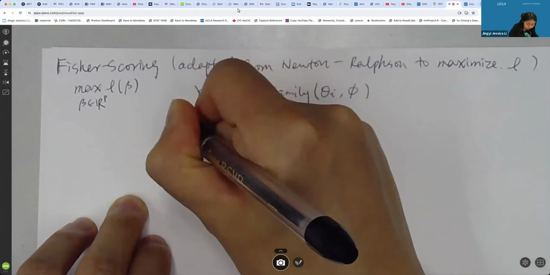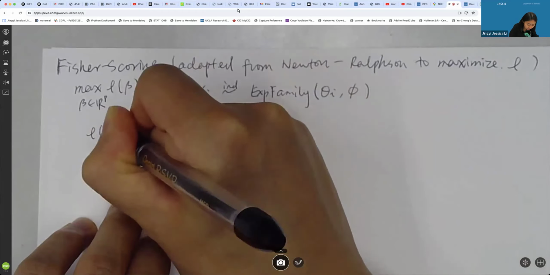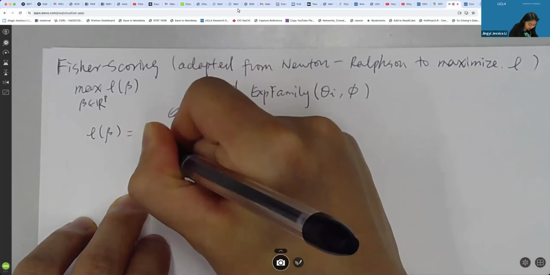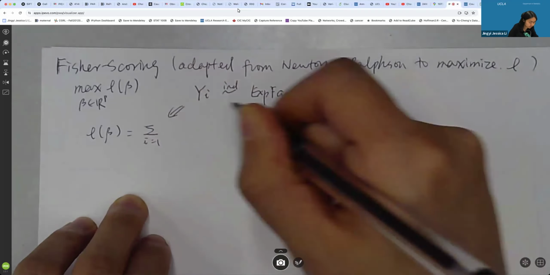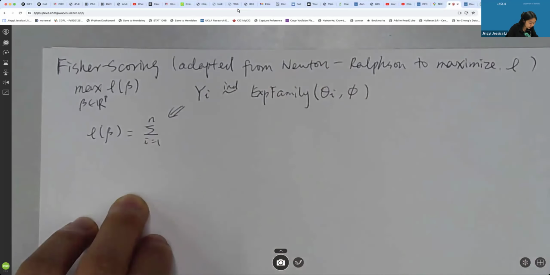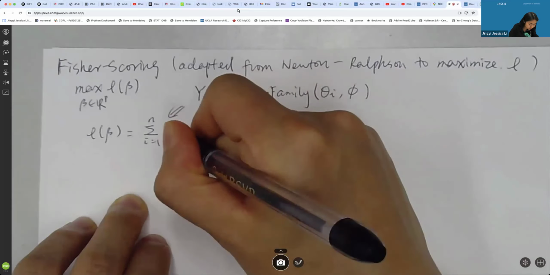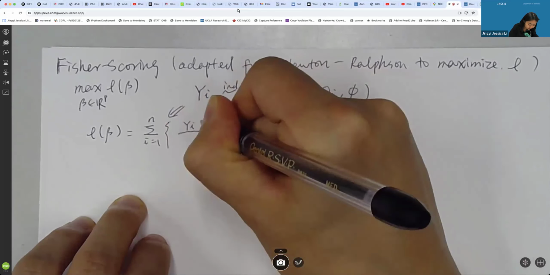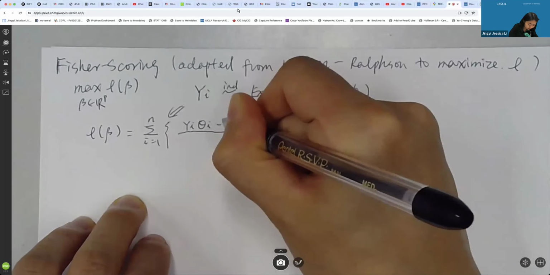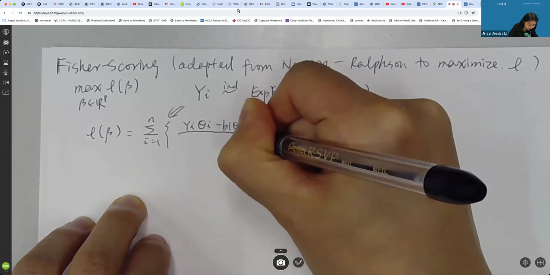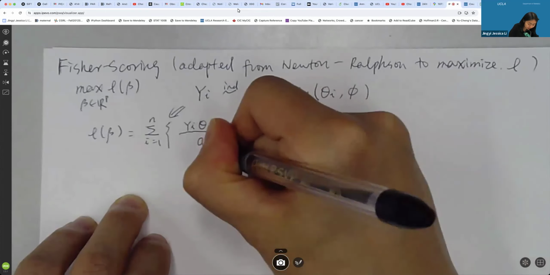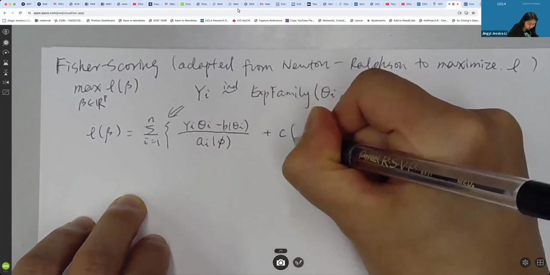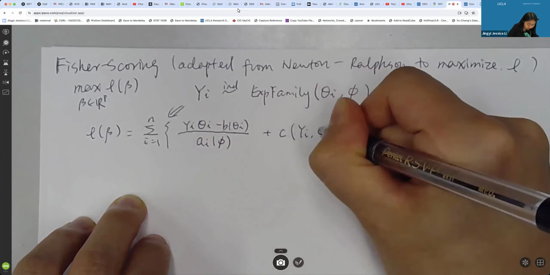So from here, the log likelihood of beta takes the form that is the summation over my observations, i from 1 to n. And in the sum, I will get two terms. One is yi times theta i minus b of theta i, over a i phi, plus a c function of yi and phi.